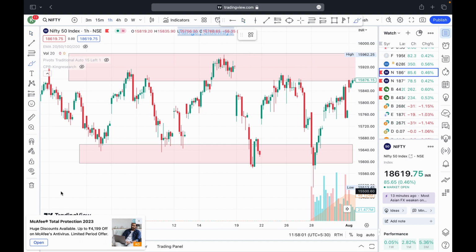Let's suppose there is an investor X who has a lot of money with him, and he wants to invest crores and crores of money into Nifty 50. But the problem is he cannot directly put his money into Nifty 50 in one order, because if he does that, two things are going to happen.